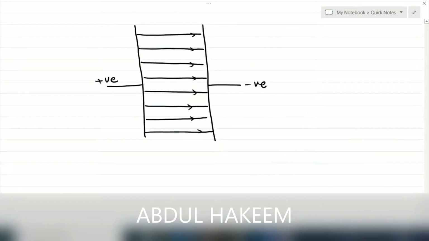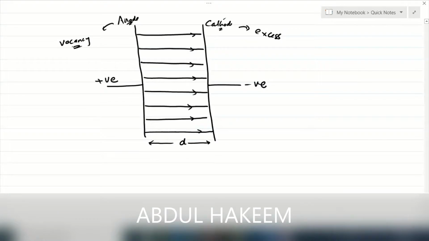Now, these plates are separated with the distance d. Now, the positive plate is called anode, and the negative plate is called cathode. So cathode has excess of electrons and anode has vacancies of electrons.